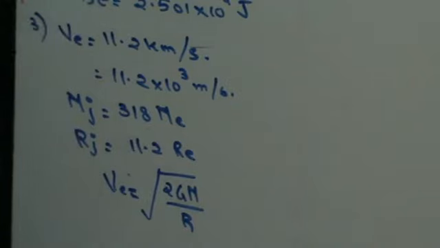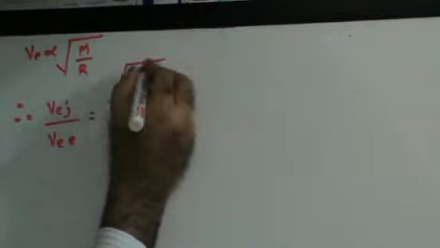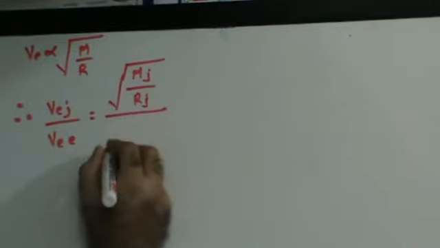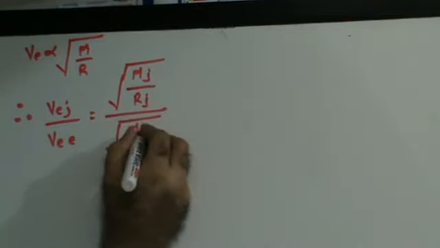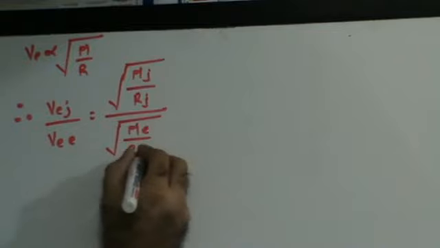Therefore, escape velocity from Jupiter upon escape velocity from Earth is nothing but square root of mass of Jupiter upon radius of Jupiter upon square root of mass of Earth upon radius of Earth.